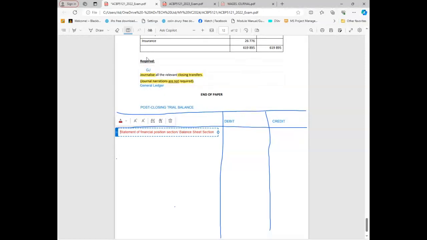Are we together? Yes, sir. So this is the section that they need. Post-closing trial balance is only about this section.